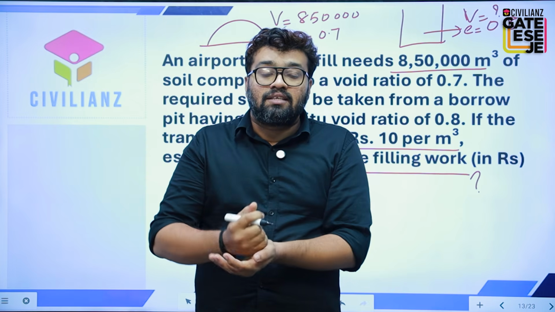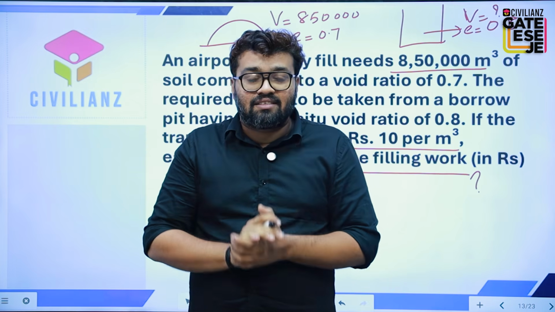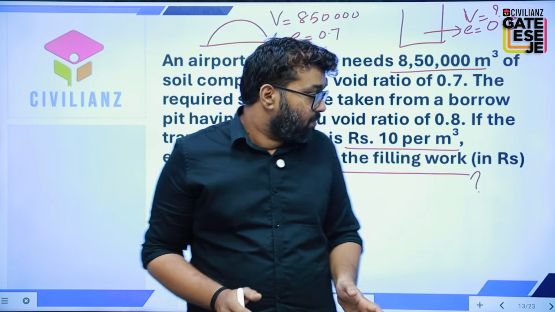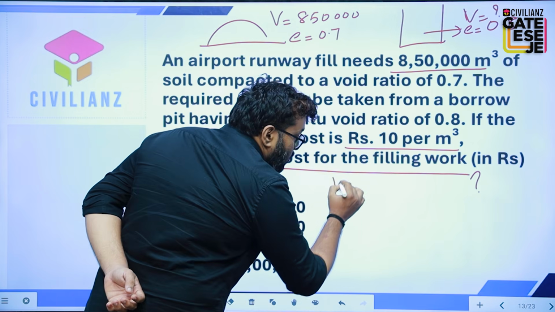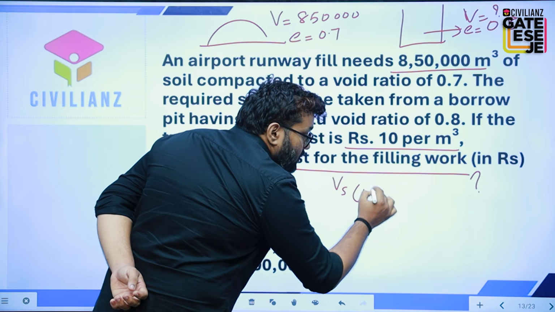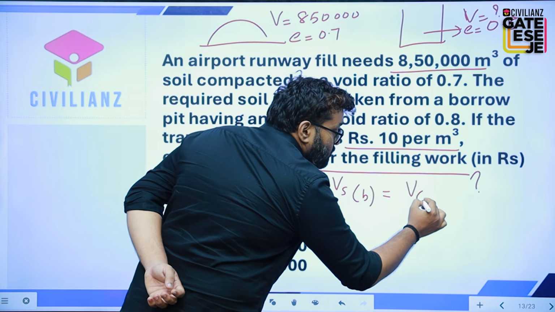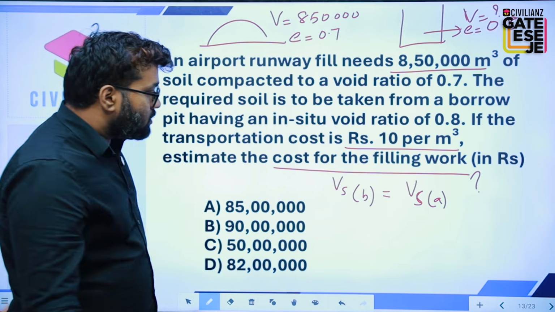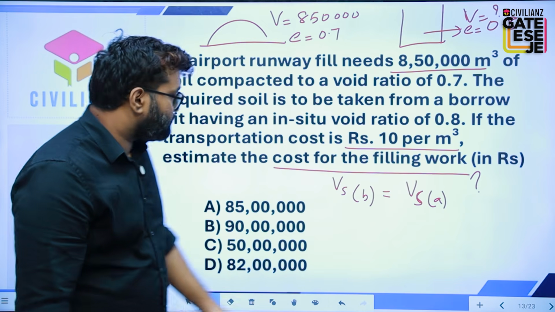When compacting, the voids will decrease, but the volume of solids will not change. So the volume of solids in the borrow pit will be equal to the volume of solids at the airport runway. So this is the only equation we have.